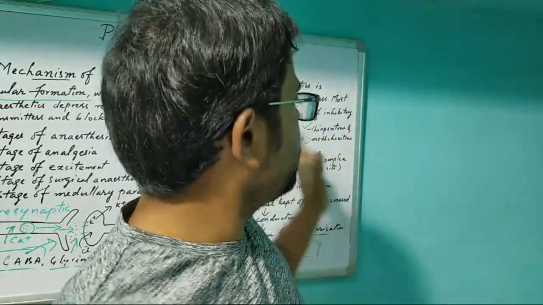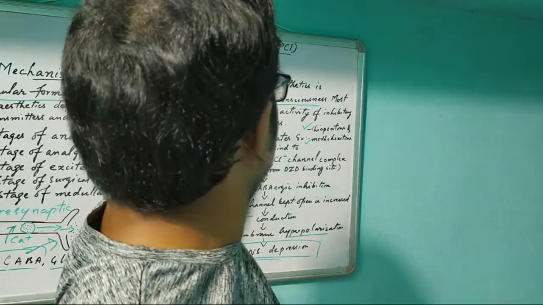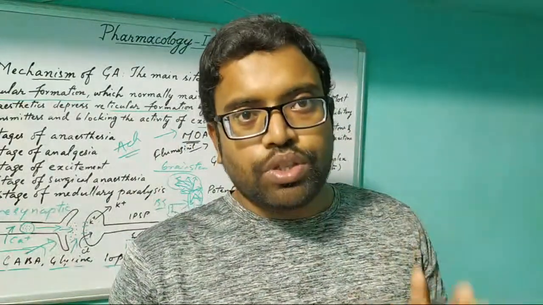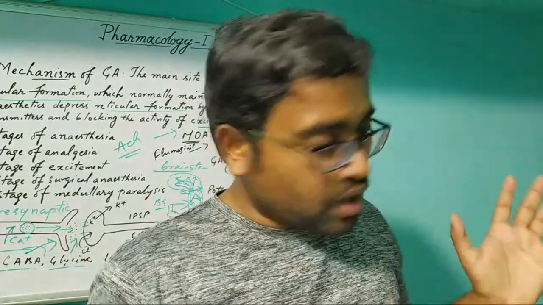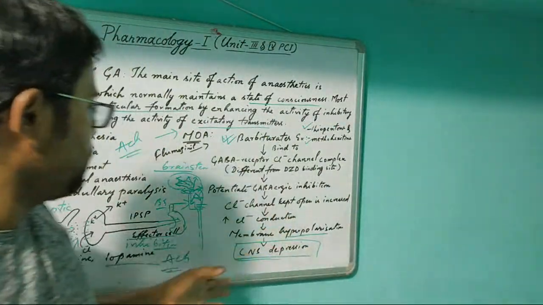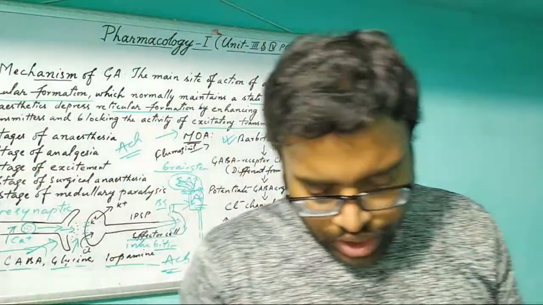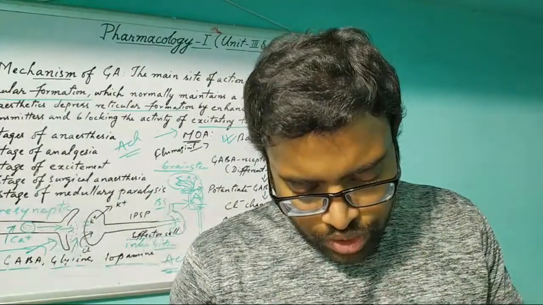The parenteral route is for inducing unconsciousness, but it should be reversible, meaning after completion of the procedure the patient should recover. If not recovered, what will happen? Already I told you that medullary paralysis will occur. Then another parenteral category is the slow acting drugs.